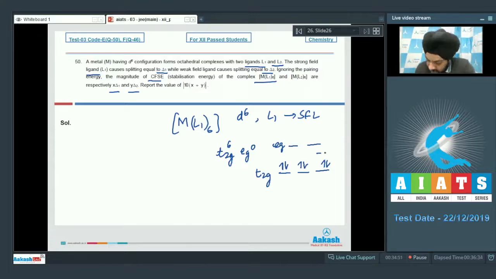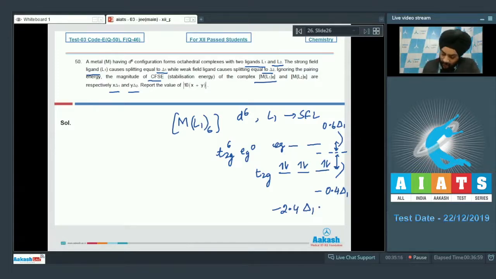From the barycenter, the t2g level has an energy lesser by 0.4 delta 1 and the eg level is greater than the barycenter by 0.6 delta 1. So the total crystal field stabilization energy in this case is equal to minus 2.4 delta 1, students.